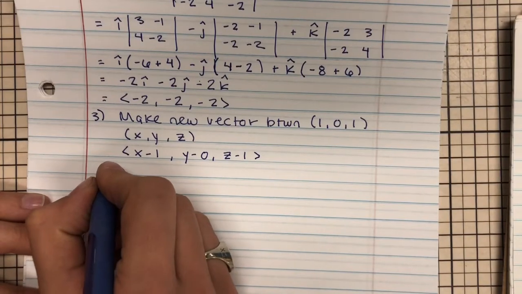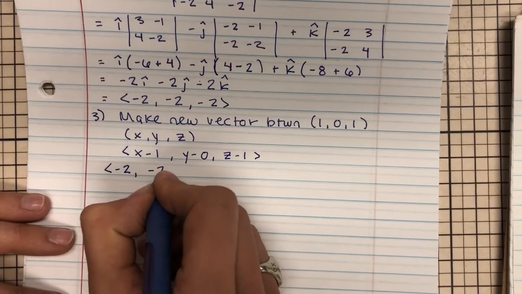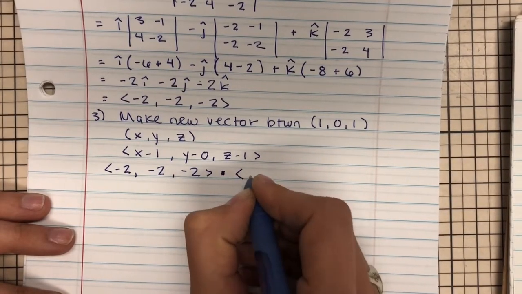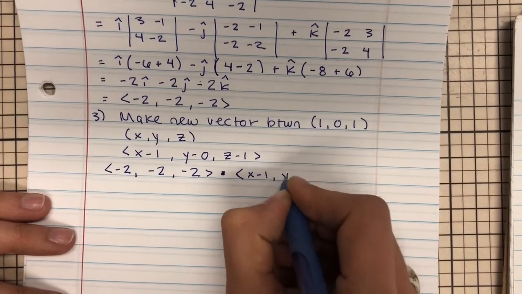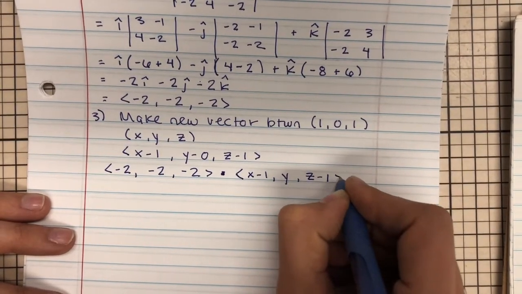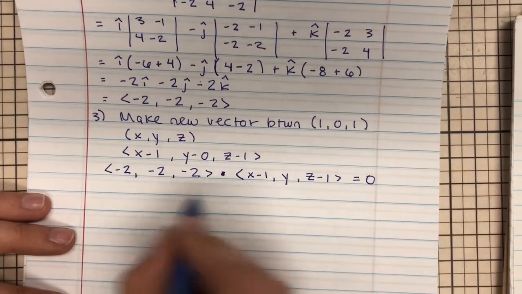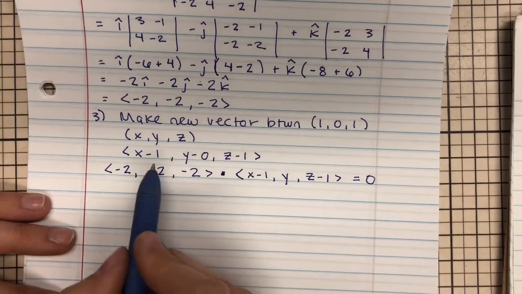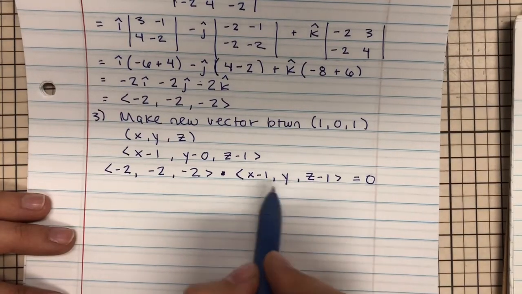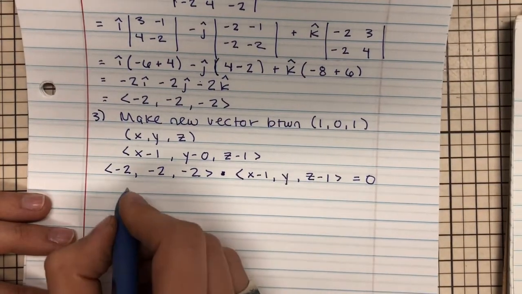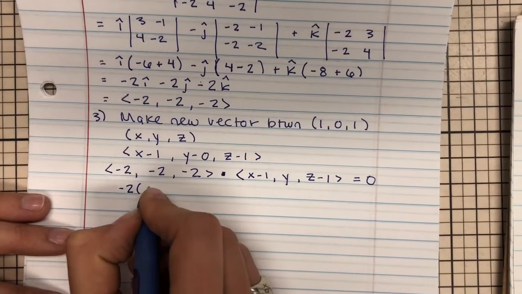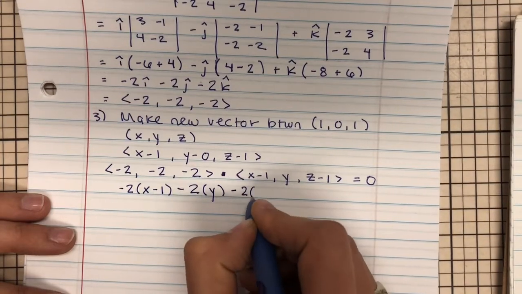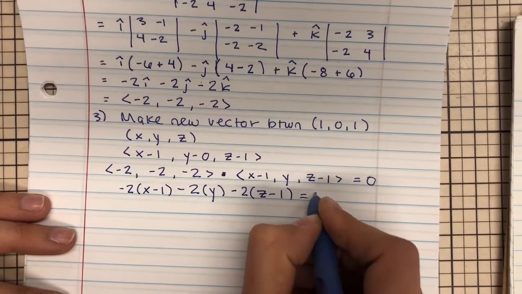So we dot -2, -2, -2 with x minus 1, y, and z minus 1. This should be 0 if this is orthogonal to the normal, and remember, if it is orthogonal to the normal, it will be in the plane. So if we dot them, we get -2 times x minus 1, minus 2 times y, minus 2 times z minus 1 equals 0.